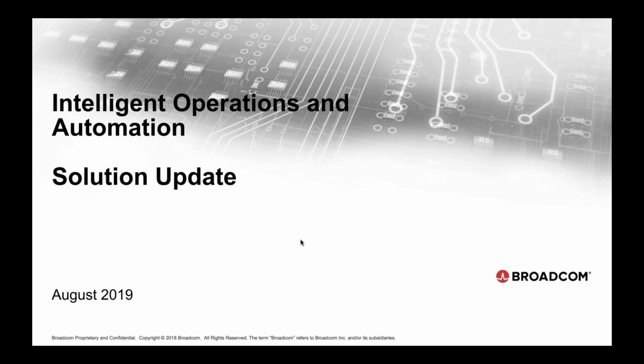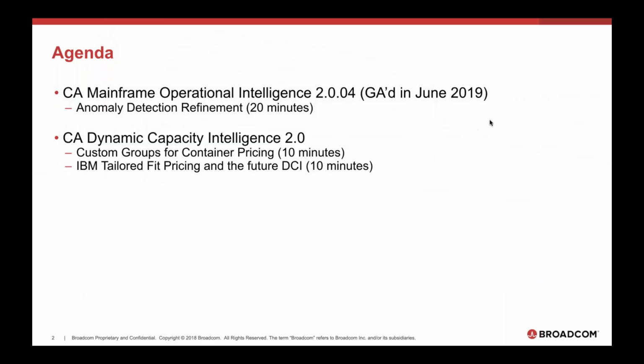Yeah, hi. Thanks, Len. Welcome, everyone. My name's John Benbow, and in the capacity of this presentation, I'm the lead product owner for Mainframe Operation Intelligence. So welcome to the Intelligent Operations and Automation Solution Update. Today, we're going to be talking through CA Mainframe Operational Intelligence 2.0.04 anomaly detection refinement.